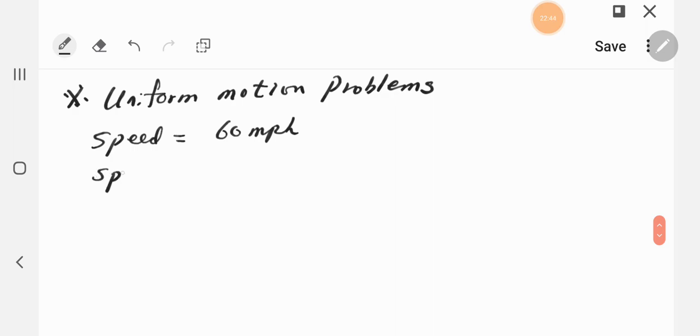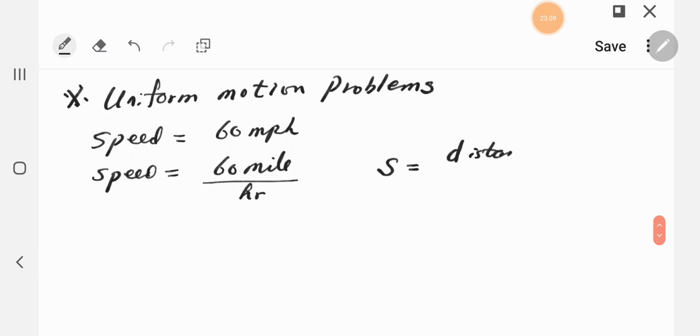If we rewrite it, 60 miles is the numerator, and per hour means over 1 hour. So speed means miles per hour. We can write it as this: speed is equal to, the numerator is the miles, which means the distance, over, and hour is the time.